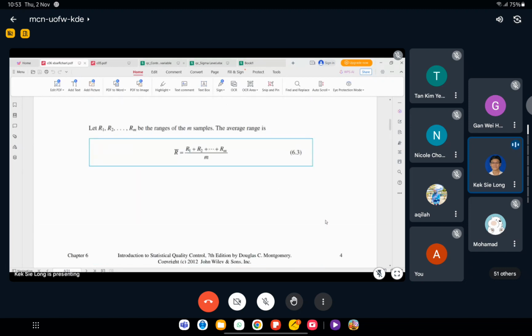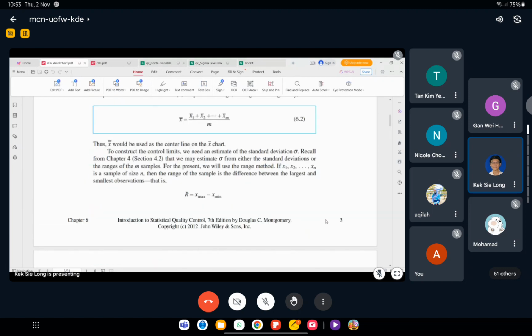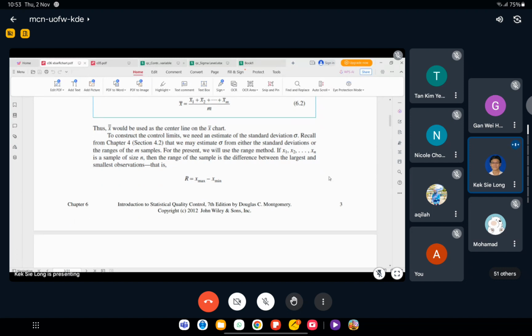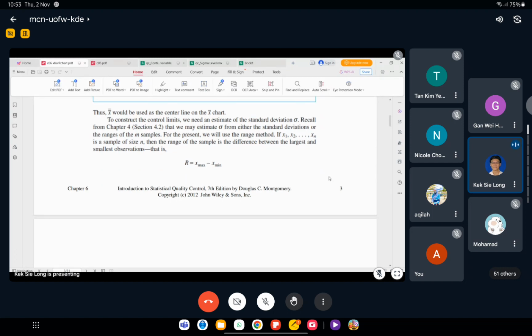Before we can calculate R bar, we have X bar, and just now we had X bar bar. But now, referring to equation 6.4, there is a term R bar. So before we can calculate the value of R bar, we need to know what R is. Here, R stands for the range of the sample. What does range mean?